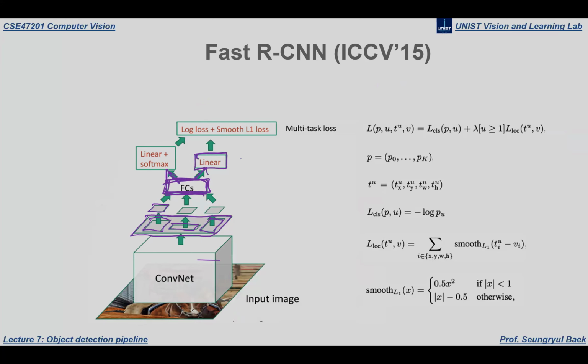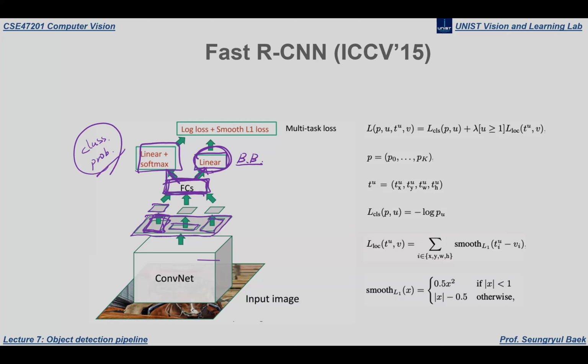First is the bounding box coordinate, and the other is the class probability. In each region, we have to estimate their class, which classes are inside the bounding box. And also in this stream, we want to refine the initial bounding box obtained from the selective search.